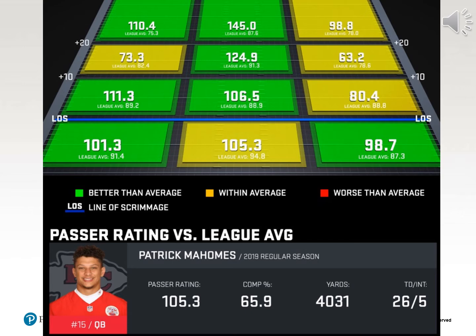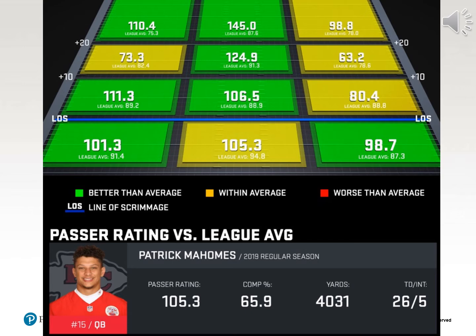Why are we looking at ratios today? Well, coaches and scorekeepers in sports keep many, many records and statistics. Quarterbacks are judged by their passing accuracy, which is also called the completion percentage. They're also judged by the number of touchdowns they throw, the number of interceptions, and the number of yards they gain by passing.